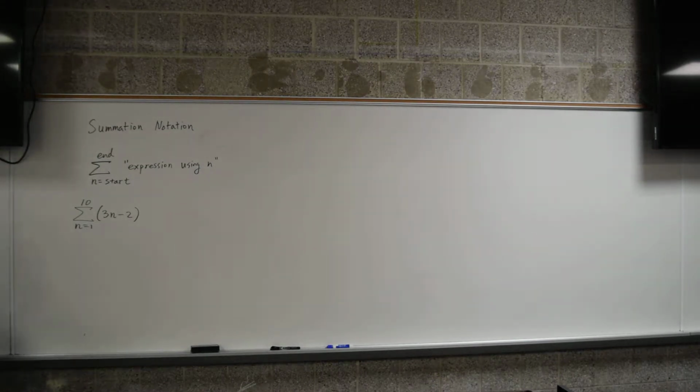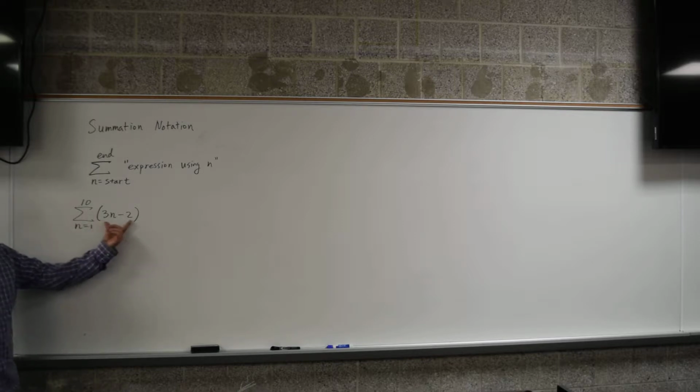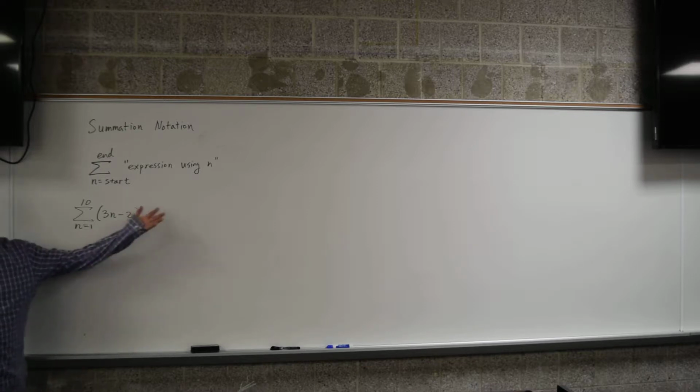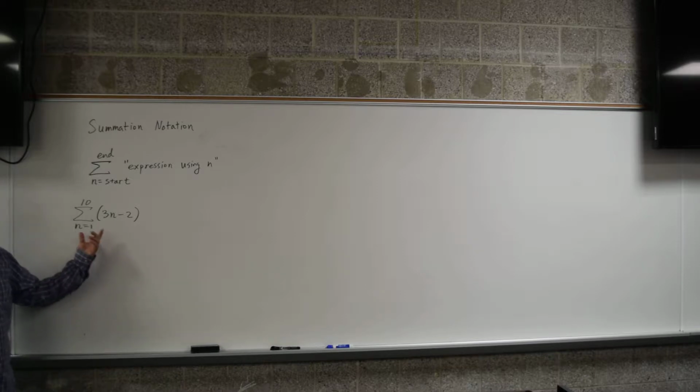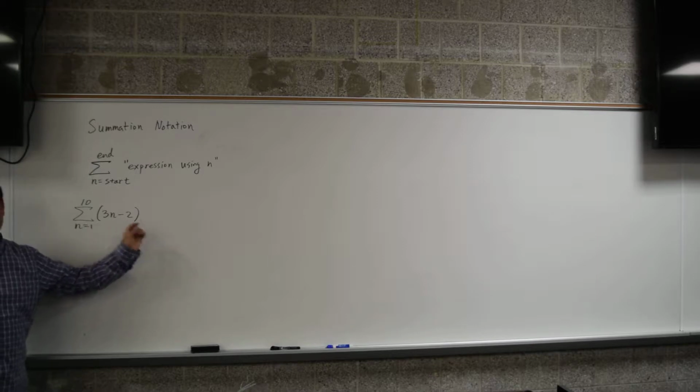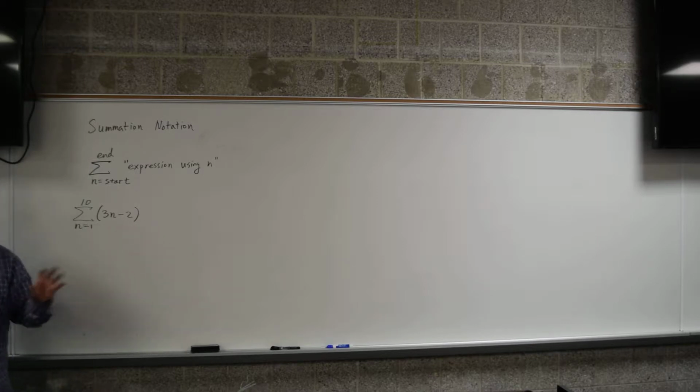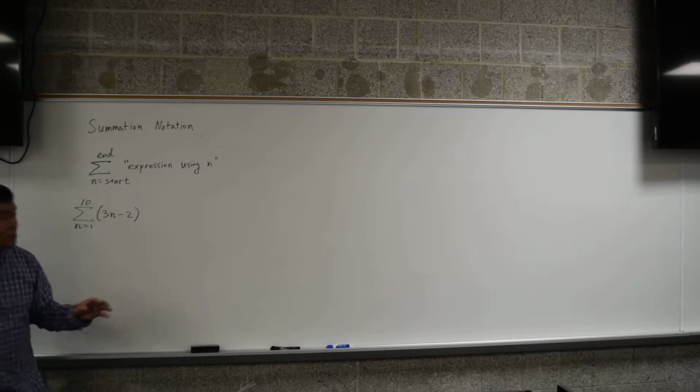That will be an example of a sigma notation: a beginning point, an ending point, and an expression that uses n. This is a shorthand for some long summation. To understand what this means, you really have to interpret this and write it in longhand. And that's the part that does get confusing when you first learn sigma notation.